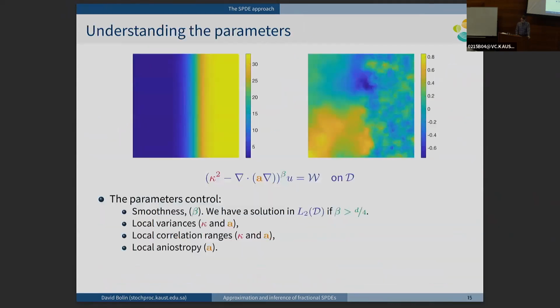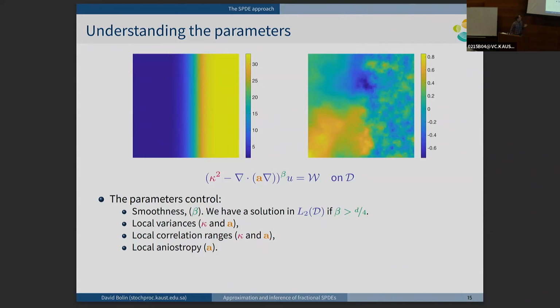Okay, so if you look at this model, this is actually a very flexible model for constructing spatial Gaussian processes. If you look at what these parameters are doing, first of all, you have this fractional power beta, where we interpret this fractional power in the spectral sense.